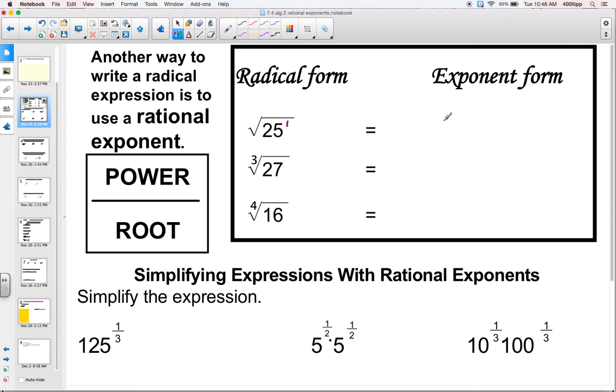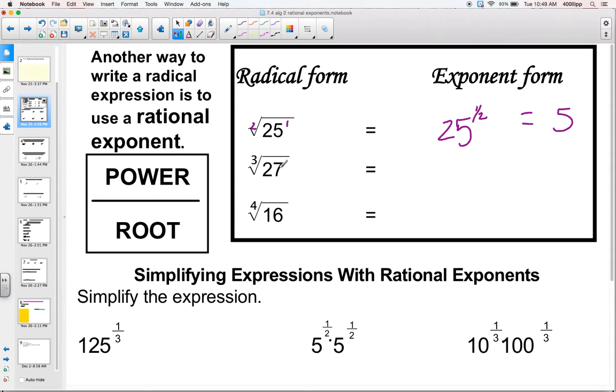So I'm going to write this as 25, because that's the radicand, to the 1/2 power, because if there's no root written in, then it's a 2. Okay, so this is 25 to the 1/2 is the same as the square root of 25. Which is obviously our square root of 25, we're using the principal root, that's a 5.